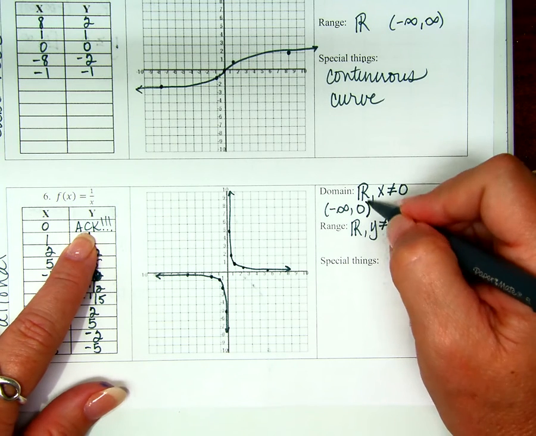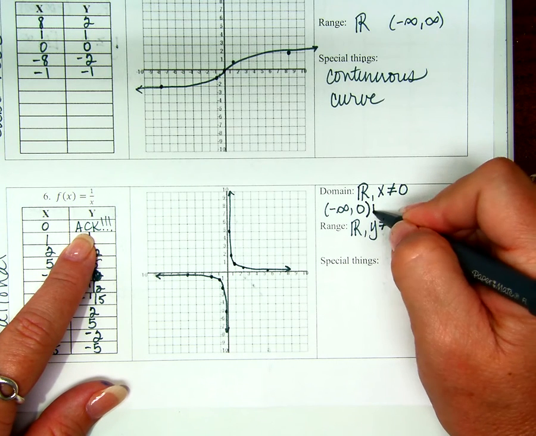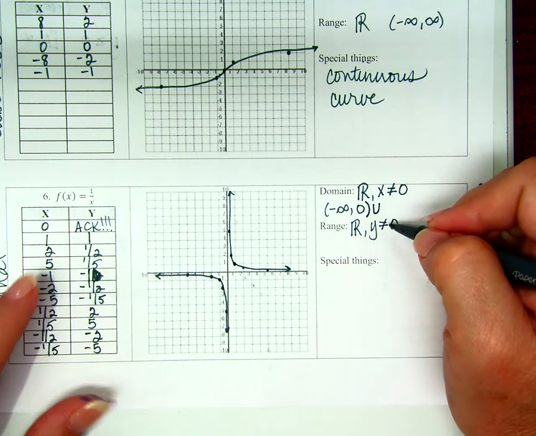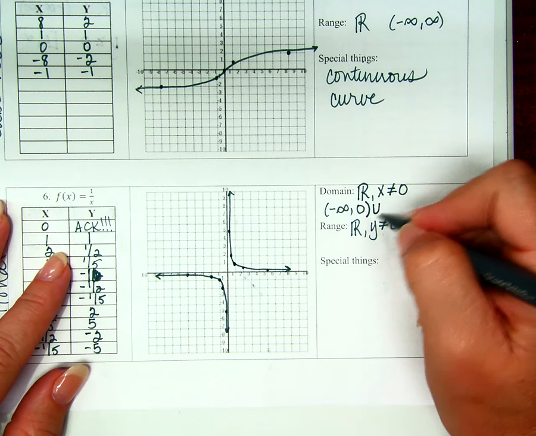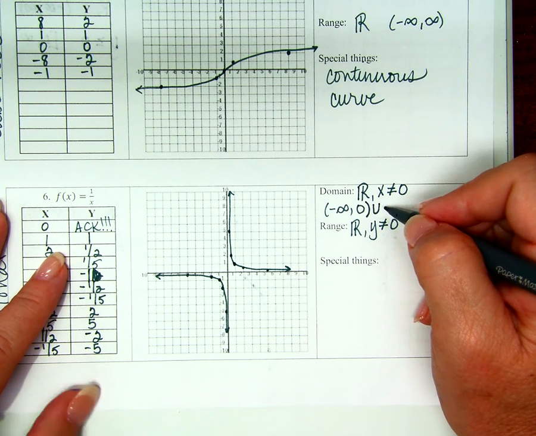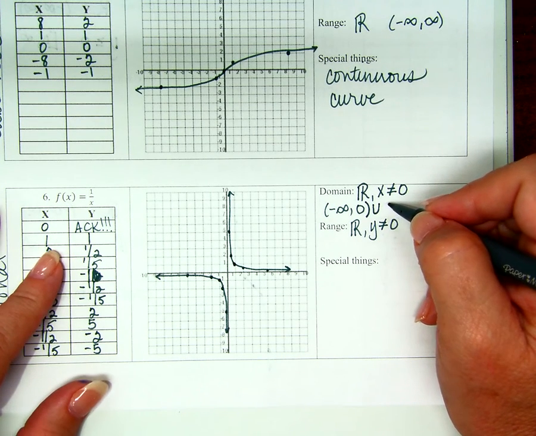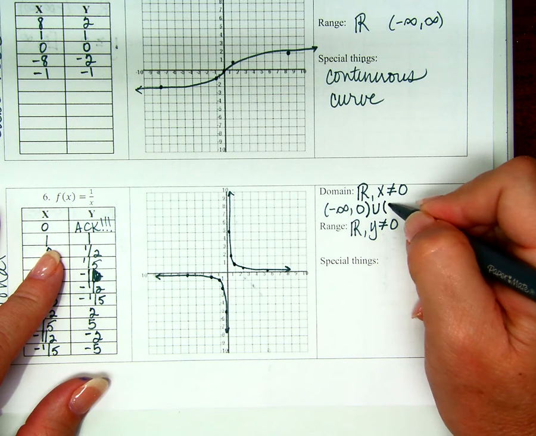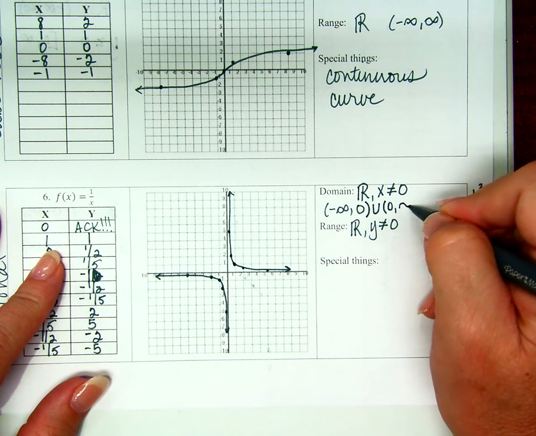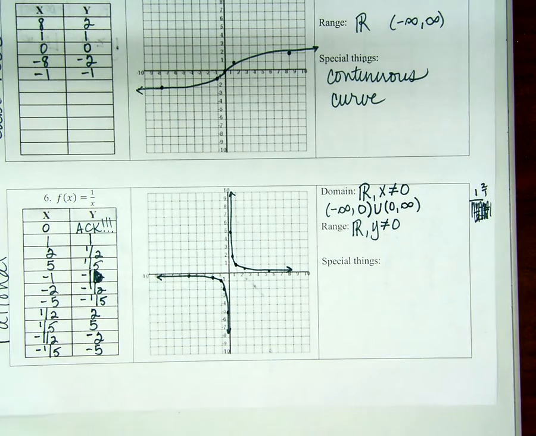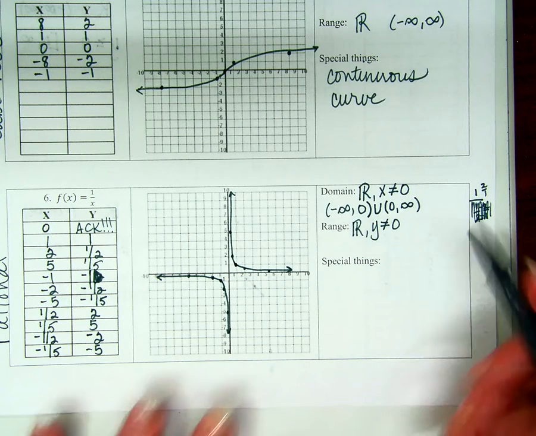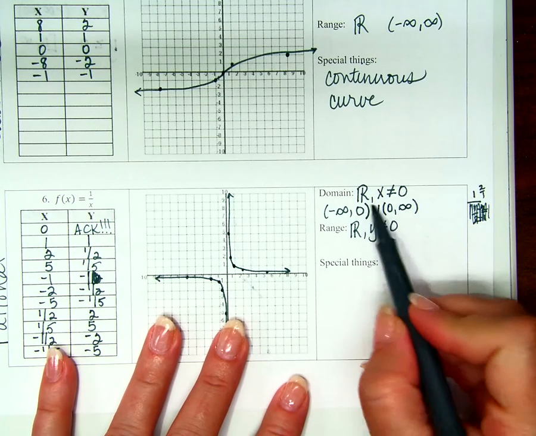So I use a parenthesis this time. And then I write a U, which stands for union. In interval notation, that means and. And then again, it starts on the other side of 0 and goes to infinity. Does that make sense that that says the same as that?